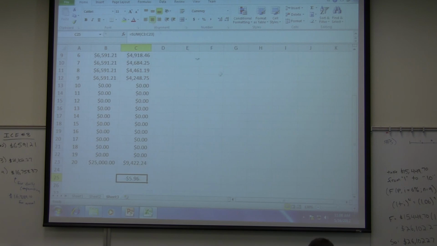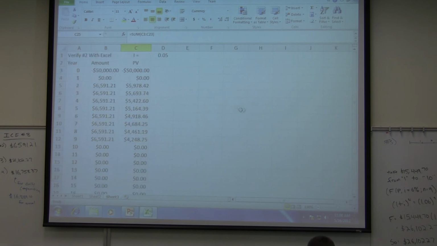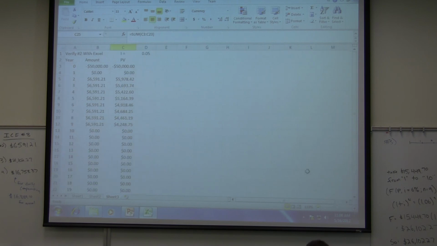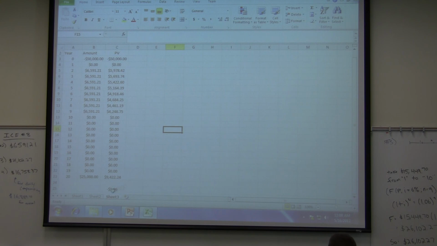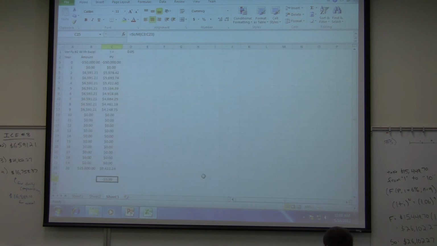The way that you verify the solution is you're looking for the present value. When you add up all of the present values, the sum of them should be equal to 0. And so that verifies that this is done correctly, because $5.96 is basically 0.